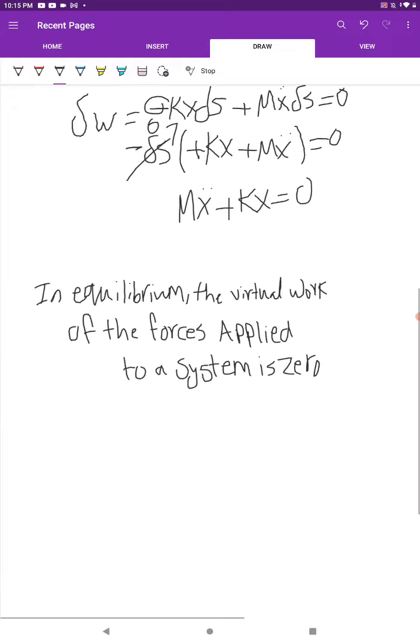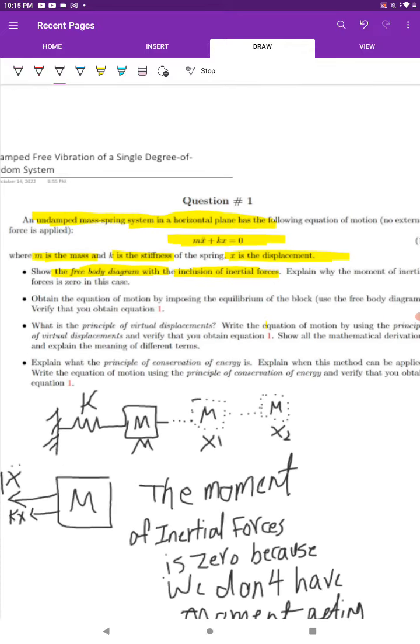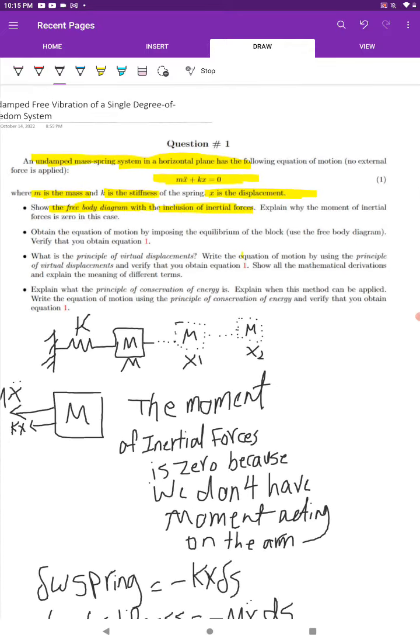And we're also asked to write the equation of motion by using the principle of virtual displacement.